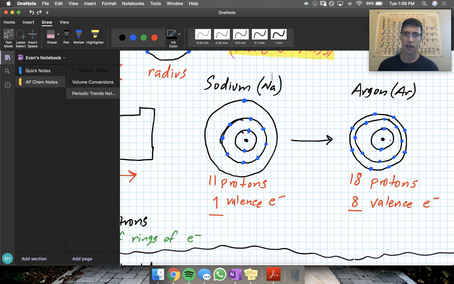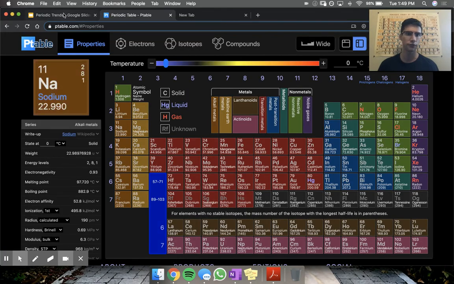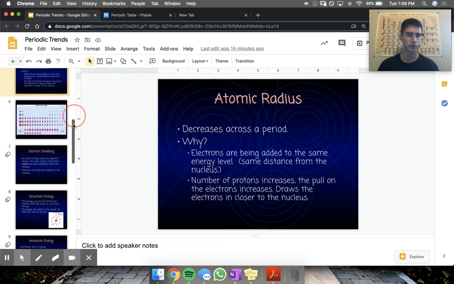So you can think of it as we still have the same ring of electrons, but as we add more and more protons in the nucleus, it pulls that ring in a little bit more each time because the charge of the nucleus is getting stronger.